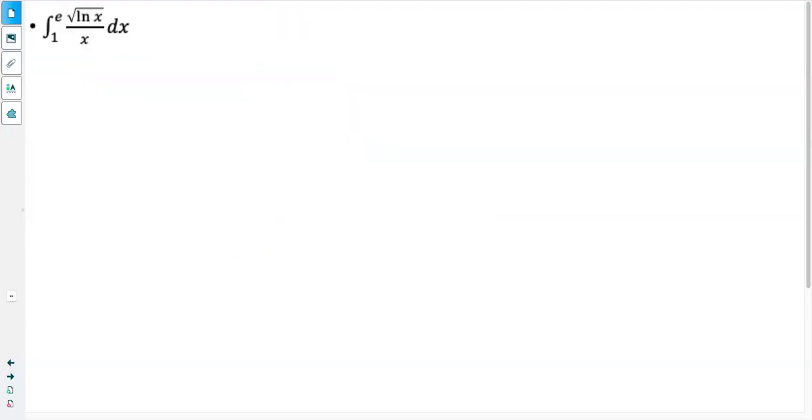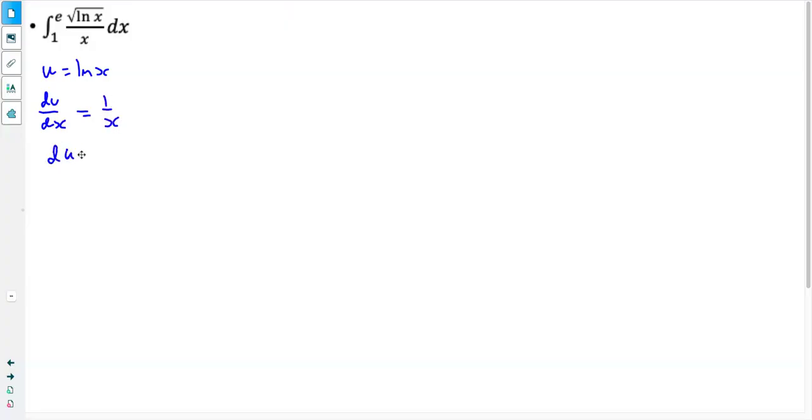In the next example, we have the integral from 1 to e of the square root of the natural logarithm of x divided by x. So I'm going to say u is equal to the natural logarithm of x, which makes du/dx 1 over x.